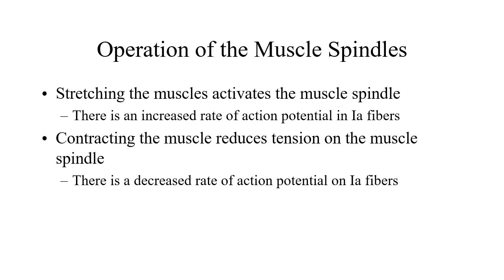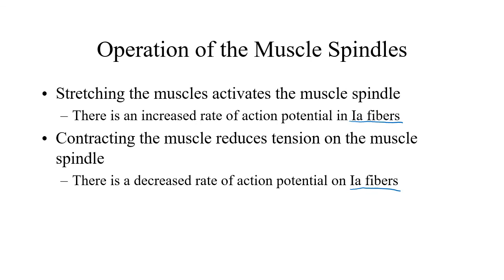So as we lengthen a muscle, as we stretch a muscle out, and this can simply be because the antagonist is contracting, this is going to increase the amount of action potentials being sent by those 1A fibers, the primary fibers that are there from the muscle spindle. As we contract the muscle, tension is then going to be getting sent signals as well. And as we shorten that muscle, the action potentials of those 1A fibers then decrease.